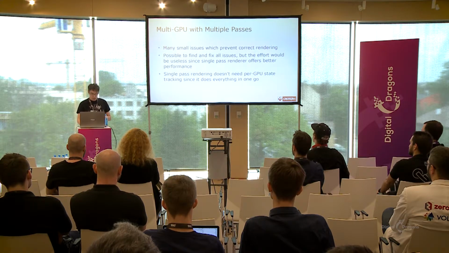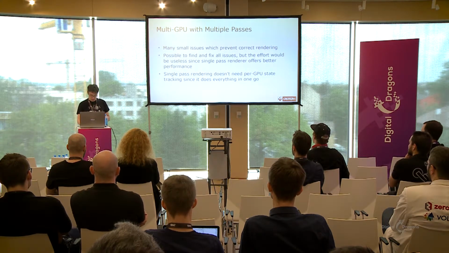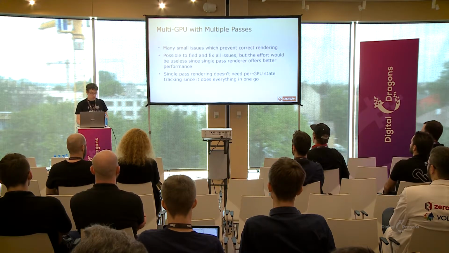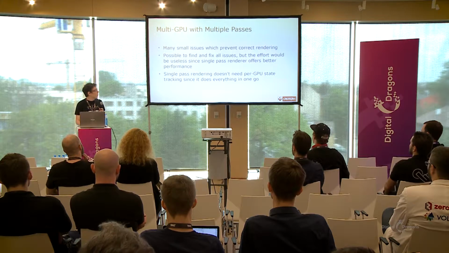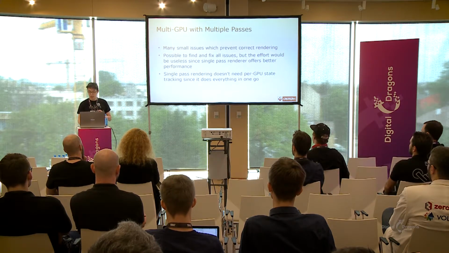But the point is, it's a lot of work that would ultimately go to waste because we didn't even want a two-pass GPU renderer. It was just a start. We'd want single pass because then we'd get the CPU side benefits as well. And the extra benefit is we don't need per GPU state tracking there because the single pass does everything in one go.